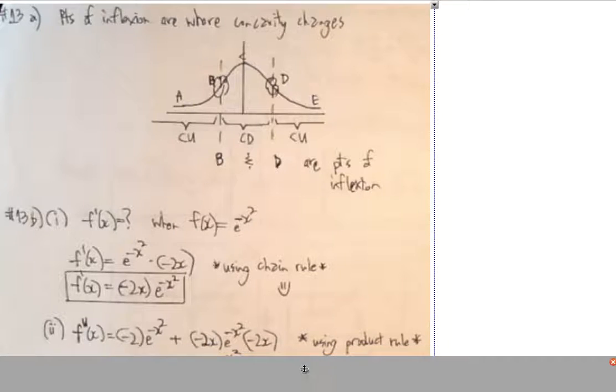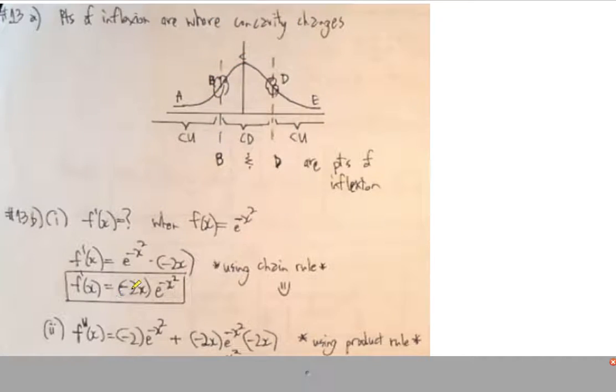And then we have to take the derivative of this first derivative to come up with the second derivative. So we have a function that is basically broken up into 2 sub-functions. What we need to do there is use the product rule.